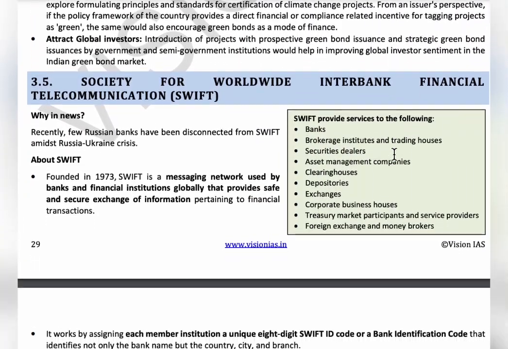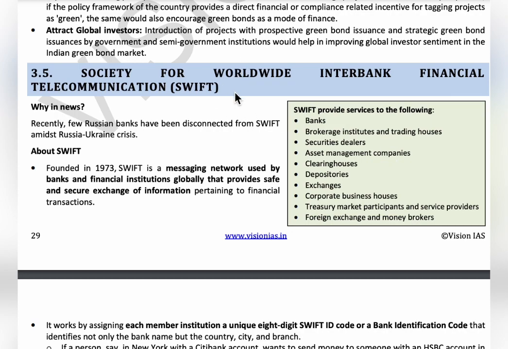The next topic is Society for Worldwide Interbank Financial Telecommunication, SWIFT. So this is an international messaging network for all the banks at the international level. So it was founded in the year 1973, and if a person in London wants to send money to a person who is in India, then the payee has to submit his SWIFT number, which consists of an 8-digit code, to the bank, so that the bank in London will send a message to the bank in India.